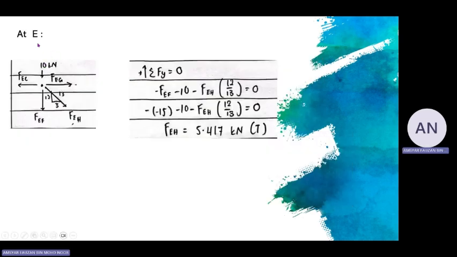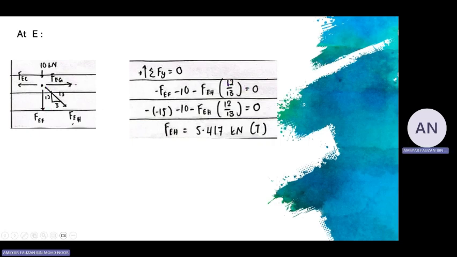And at the last part, we focus at point E. So we draw the free body diagram at point E, and we use the Fy direction. We assume if force going upward is positive. So negative FEF, force EF going down, so it is negative, minus 10 is also going downward, so it is negative values. And FEH is negative values because from point E to H we have force downward.